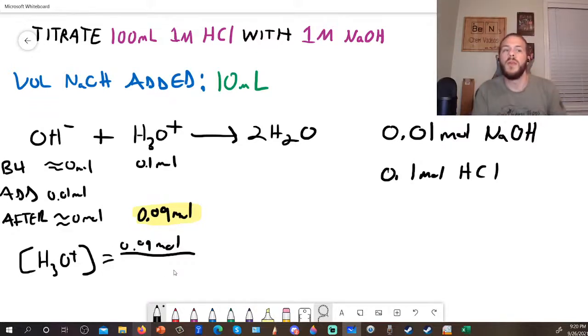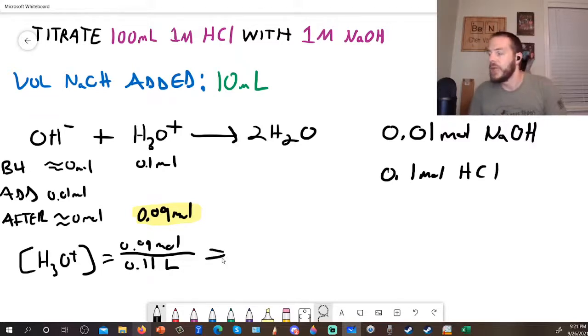And this is very important that we understand that the total volume is not only the initial volume of HCl that we started with, but also added to that the volume of sodium hydroxide that we added. So we started out with 100 milliliters, we added 10 milliliters to it, so our total volume is then going to be 110 milliliters, which is 0.11 liters. And I converted that to liters in my head just now because I understand that molarity is moles per liter, so our volume has to be in liters in order to get a molar concentration.